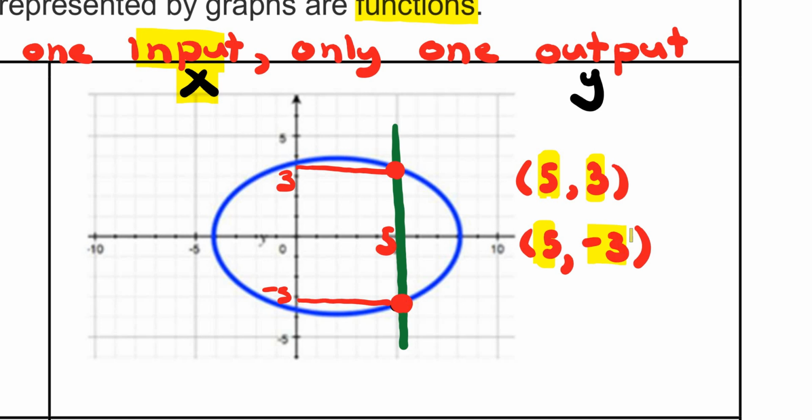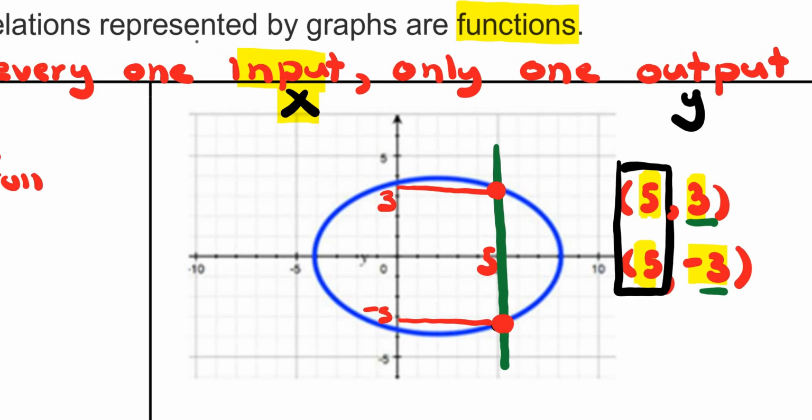So this actually fails our definition of a function, right? The definition of a function is for every one input, there should only be one output. But it turns out that we have two different outputs here, right? So this graph fails the vertical line test, and a very quick way to determine whether we have a function or not is that if we have two y values for one x value, then we no longer have a function because we must have only one output.